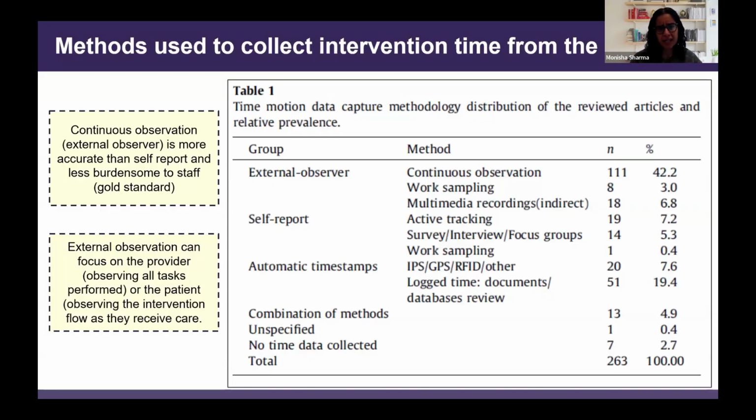There are also automatic timestamps. Sometimes when somebody opens up an eligibility screening in Access, it could record when it was opened and when it was closed, and you could use that to estimate time costs. Often you use a combination of these methods. Some you can do with time and motion, and other things you might have to get by self-report.